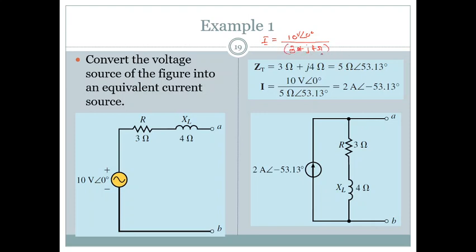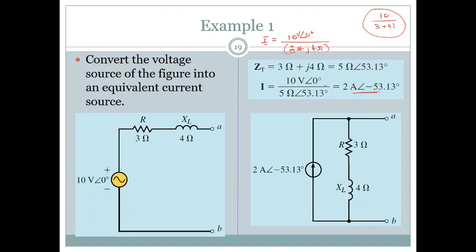So simply enter 10 divided by 3 plus 4i into the calculator. This will give you this answer, right?